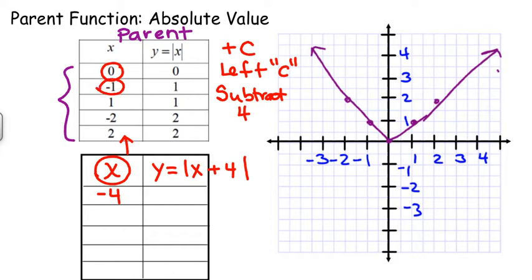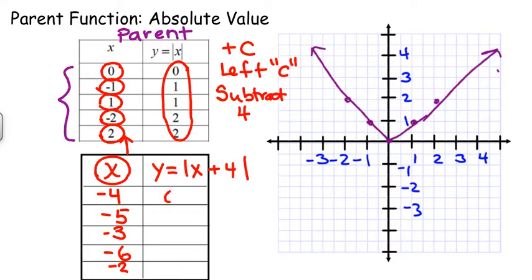Negative 1 minus 4, we get negative 5. 1 minus 4, negative 3. Negative 2 minus 4, negative 6. 2 minus 4 is negative 2. Now, we did not change anything on the y value, so all of these just come down: 0, 1, 1, 2, 2.